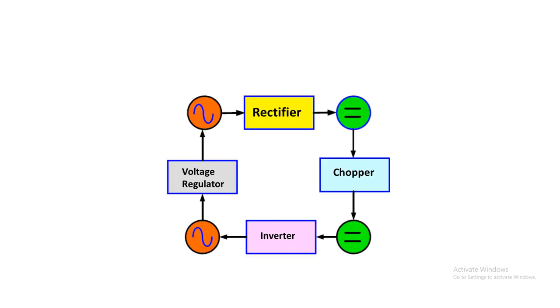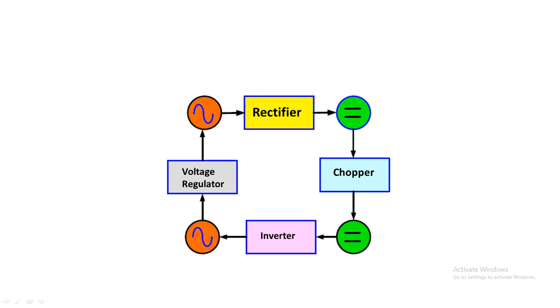So these are the names of the converters. If the supply is AC and we are converting it to DC, that is called a rectifier. If the supply is fixed DC and we are converting it to variable DC, it is called a chopper. If it is DC and we are converting it into AC, that is called an inverter, that is DC to AC.